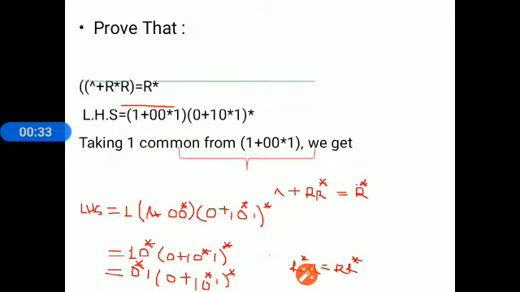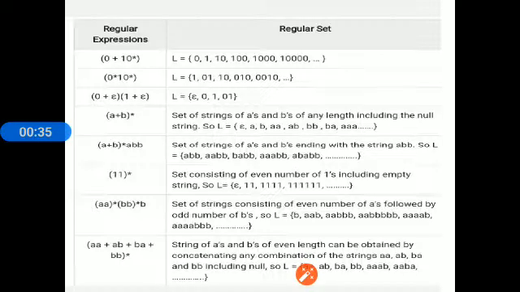Today we will see some examples of regular expressions and what each regular expression produces as a set.